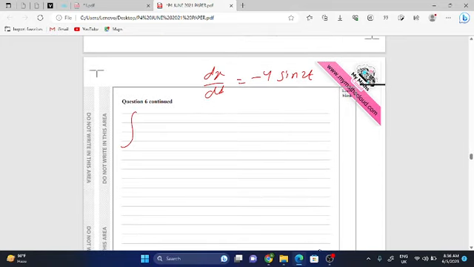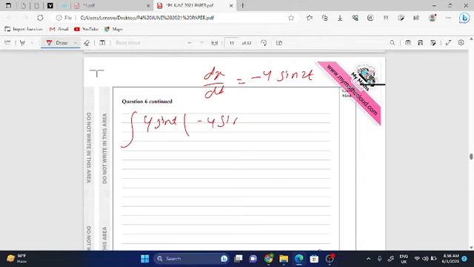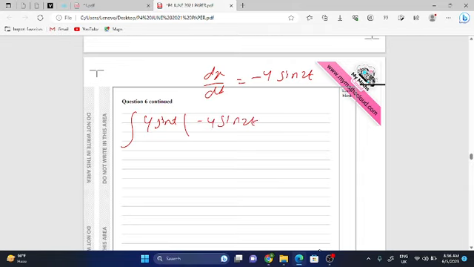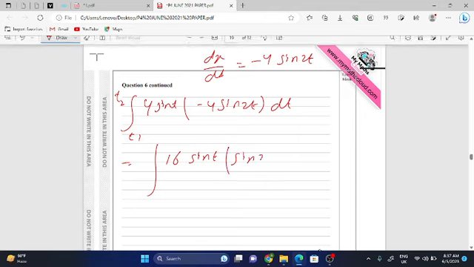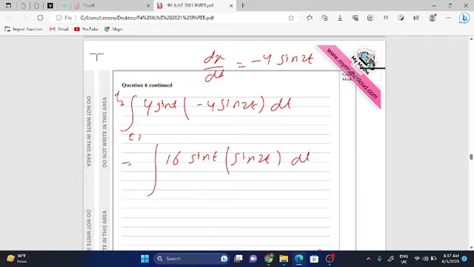Y is 4 sine of t times dx by dt, that is minus 4 sine 2t, dt, and the range for t is t1 to t2. Further, it can be written as minus 4 times 4, which is 16, sine of t sine of 2t dt, from t1 to t2.